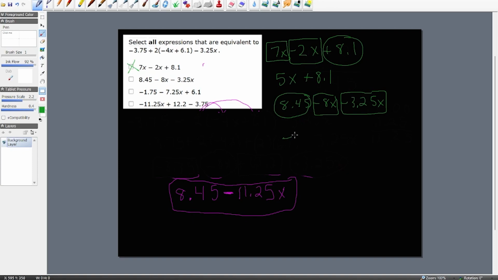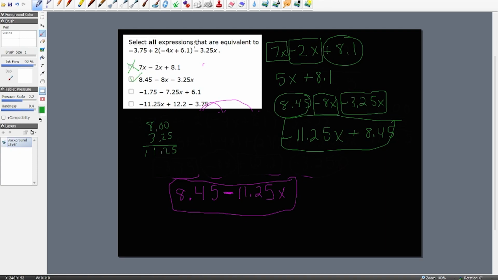So it's going to be 11.25x. I'll briefly demonstrate that. I just added 3.25 to 8, and they're both negative, so the answer is negative. And then we have our constant, 8.45. So we see that these two are indeed equivalent. These are the same. So that one is correct.